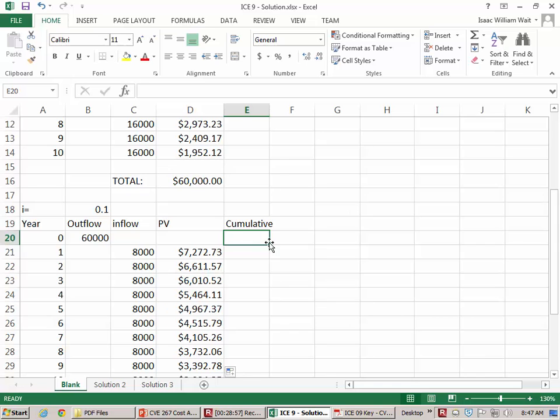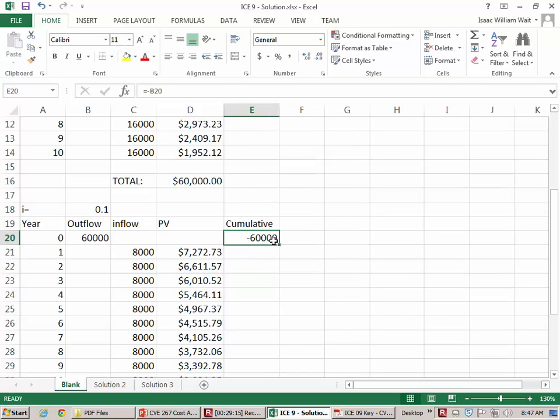So cumulative is looking at how much in the red, or how much debt there is so far. How much of the original investment is unrecouped. So I'm going to do equals the negative of that. In the first year, he's spent 60,000 at year 0. So now it is going to be the previous one plus that.